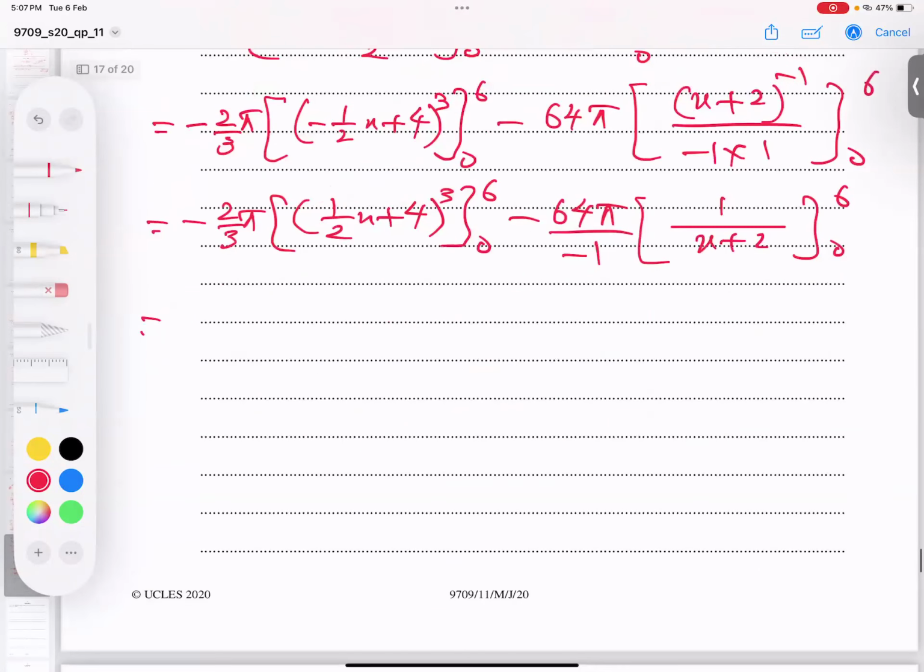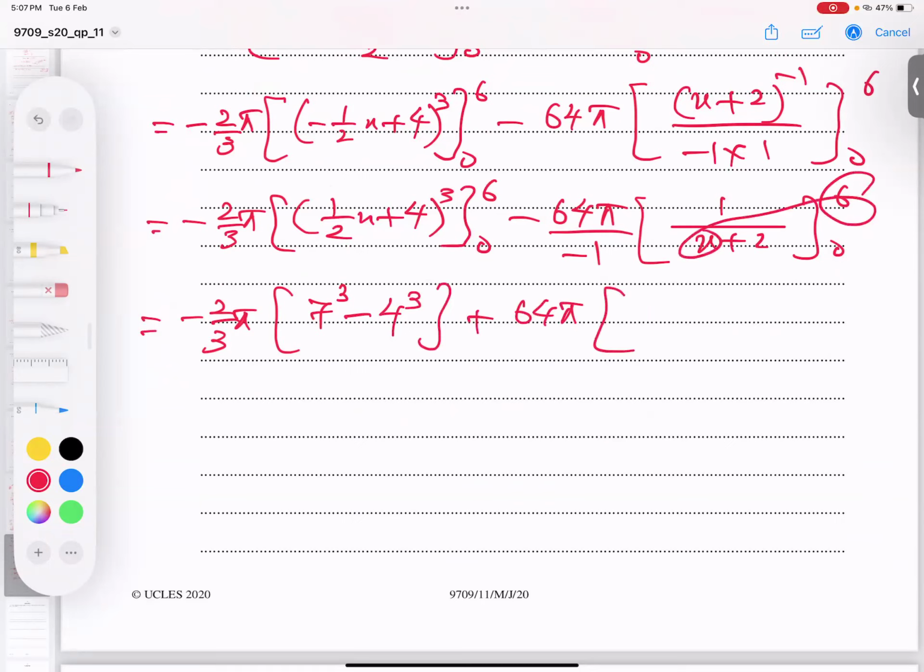Now I'm ready to plug in the numbers. Hold on. Plug in 6 here. When I plug in 6 here, I get 3 plus 4, 7. 7 to power 3. When I plug in 0 here, 4 to power 3 is left behind. I think okay. Now negative, negative, positive, 64 pi left here. Plus 2, plug in here, I get 1 over 8. Plug in 0 here, I get 1 over 2.